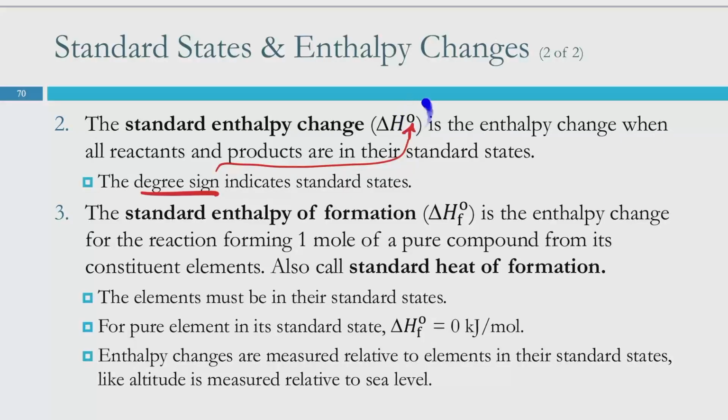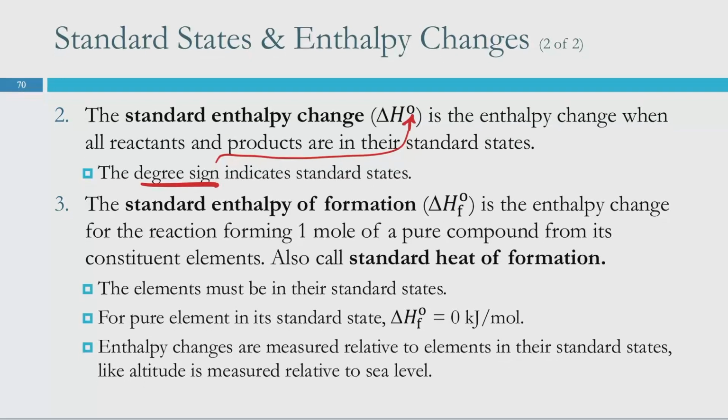So this little zero looking thing that we're adding, the degree sign, that means that we're talking about standard state. The standard enthalpy of formation, so standard because we've got the little zero looking thing in the top right corner, enthalpy because it's H, of formation because we've got the subscripted F.